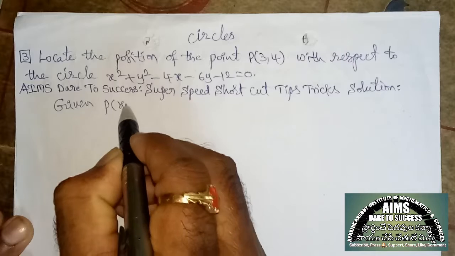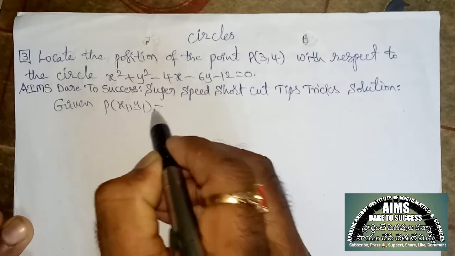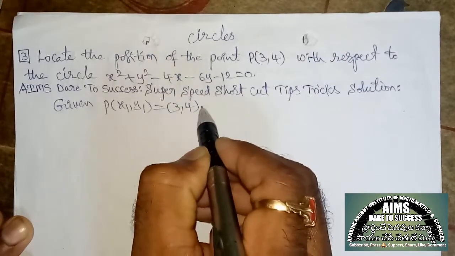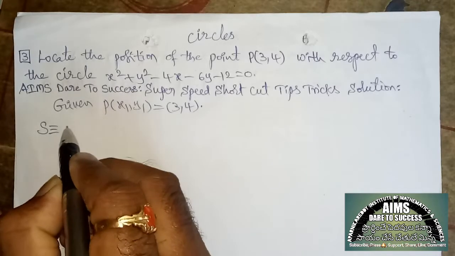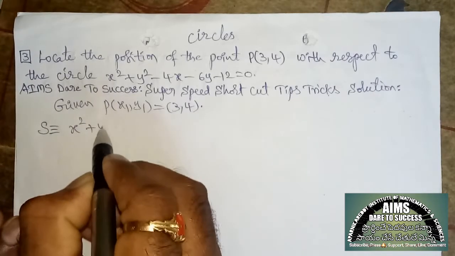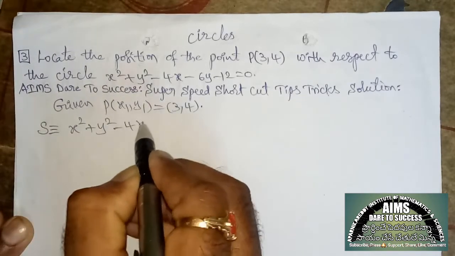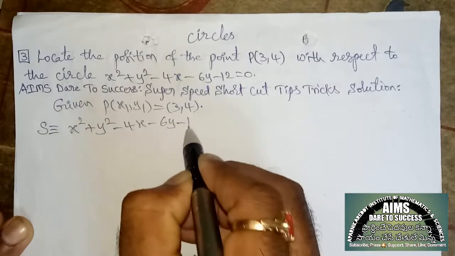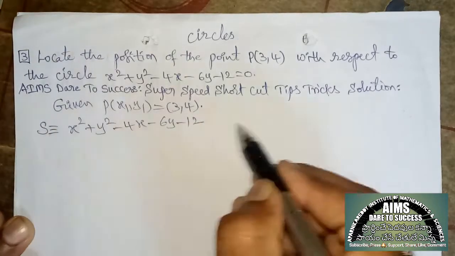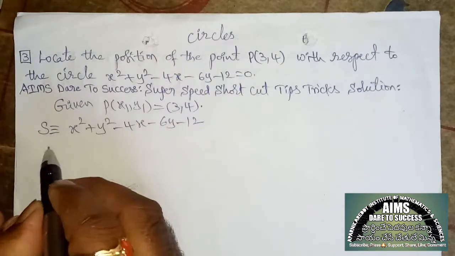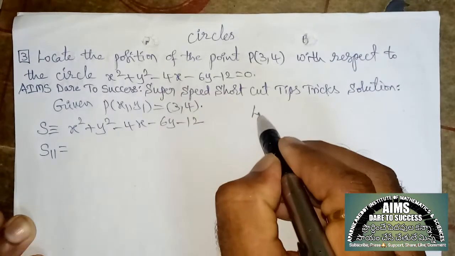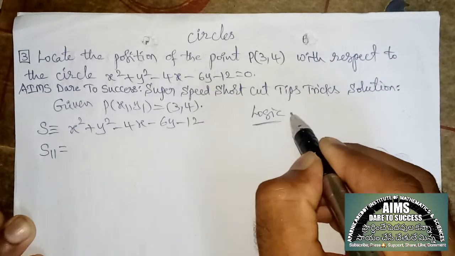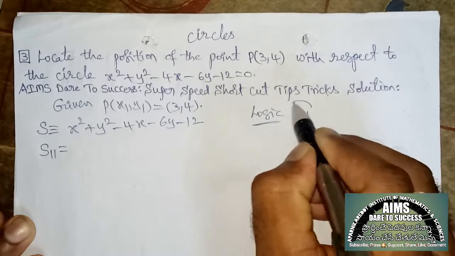Given point P(x1, y1) is equal to (3, 4). Next, given circle, let it be S. S is equal to x square plus y square minus 4x minus 6y minus 12. Locate the position means we want to find S11. So our logic is to find the S11 value.